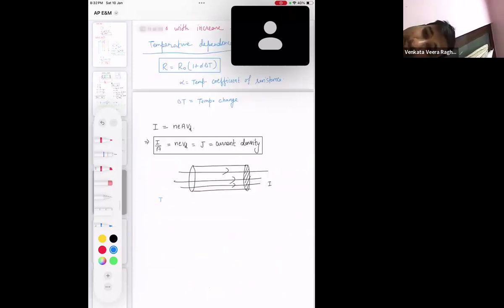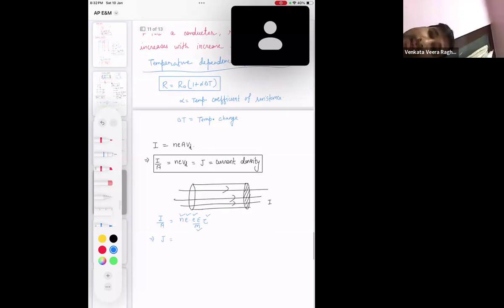Current per unit area, if I write N E, drift velocity, E by m into tau, is J. Look at that: N e square tau by m.